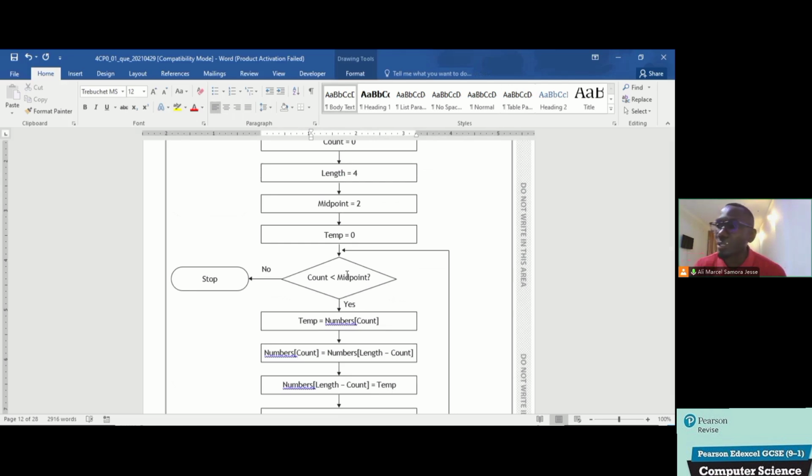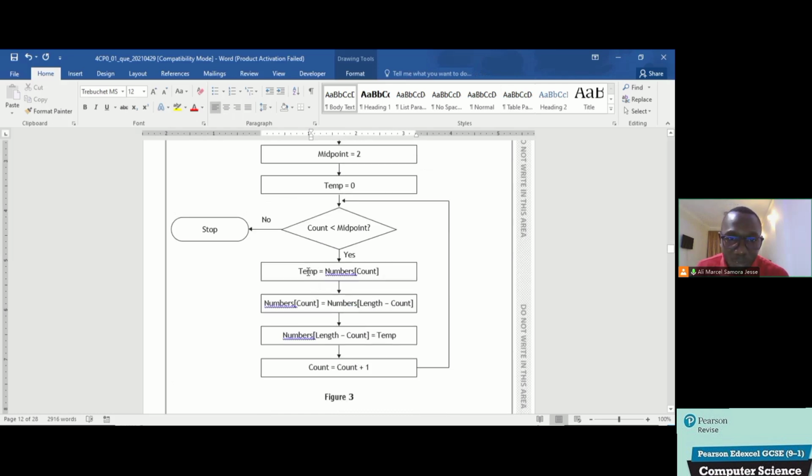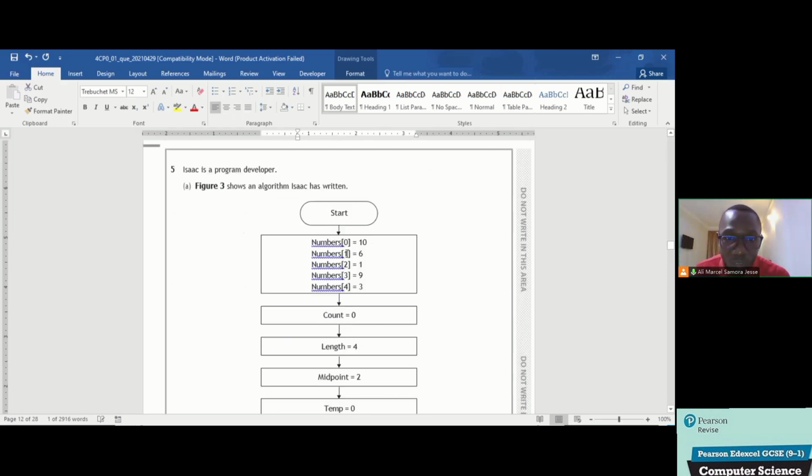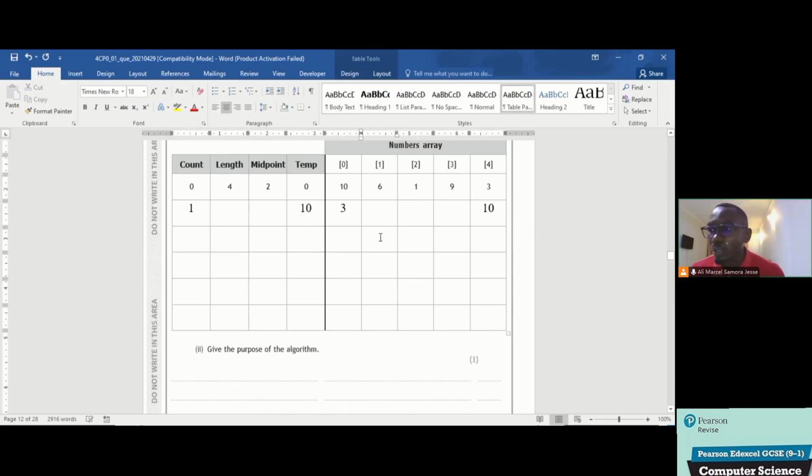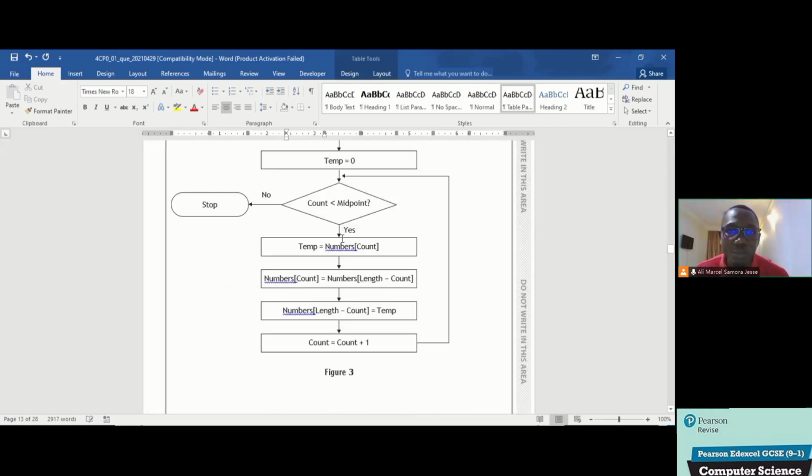If we trace it through, this will be under temp here. So the value we get under count, which is now 1 because we've traced it, is 6. When you check on this here, we have 6. So we put it on the second row, temp here, and that's where 6 is supposed to be. We continue with the loop.